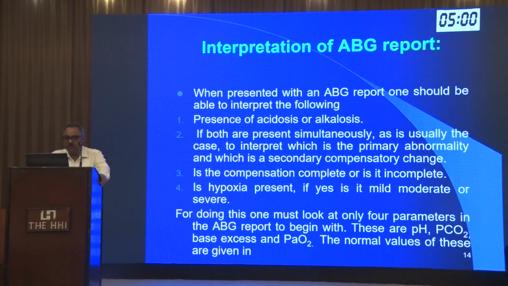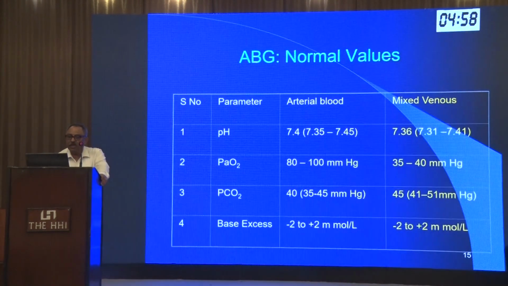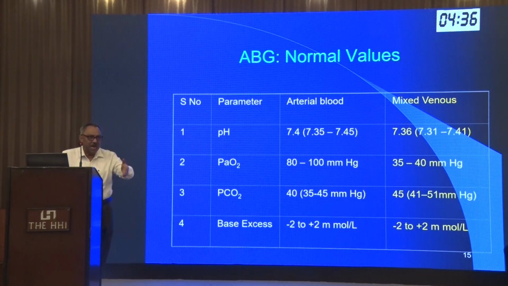The normal values of these are given. These are the normal values. Now, why have I given mixed venous blood? Mixed venous blood represents the saturation and the level of the various parameters when they are delivering their oxygen to the cells and coming back.